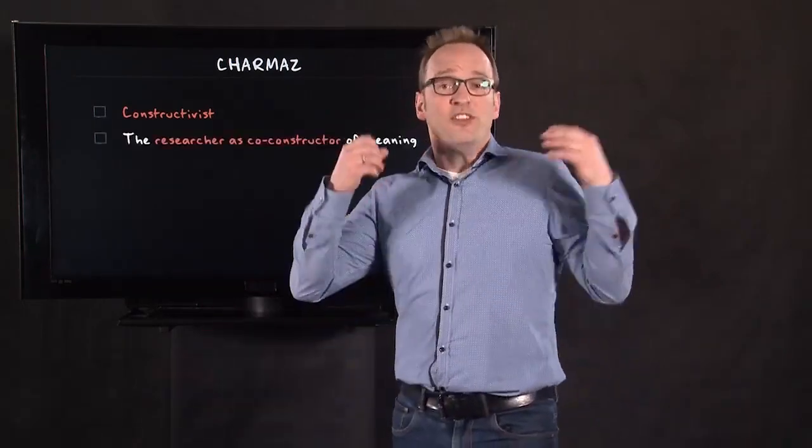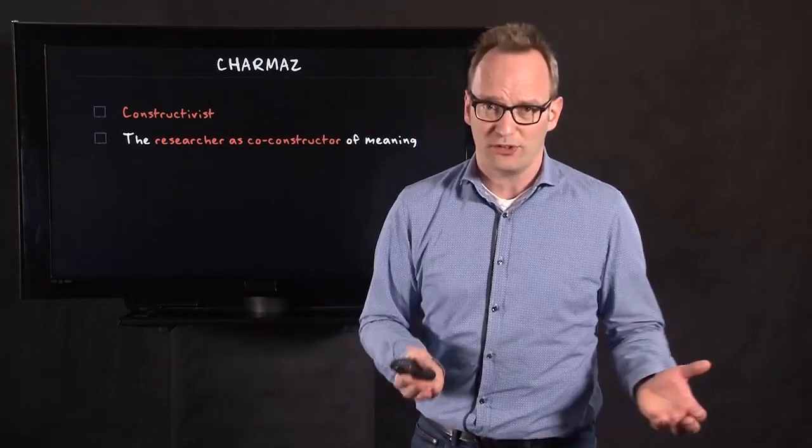The third version of grounded theory I would like to discuss is the version by Kathy Charmaz and others. And it's a constructivist version of grounded theory, taking into account the constructivist critique on mainstream research during the 80s and 90s. And what they say is the researcher is a co-constructor of meaning.